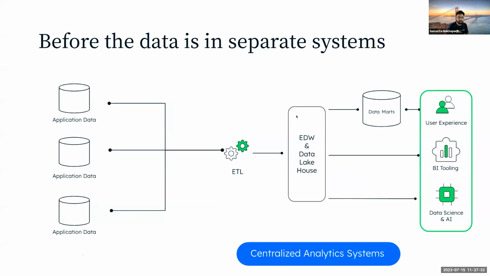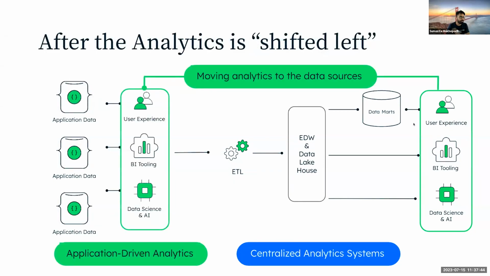Then we used to add the user experience or a BI tool like Power BI, Tableau, or QuickSight, or perform AI modeling on top of it. But what if we do something like this? The application data remains where it was, consistent on MongoDB, following the things which Sandhya has already explained, like the CAP theorem.